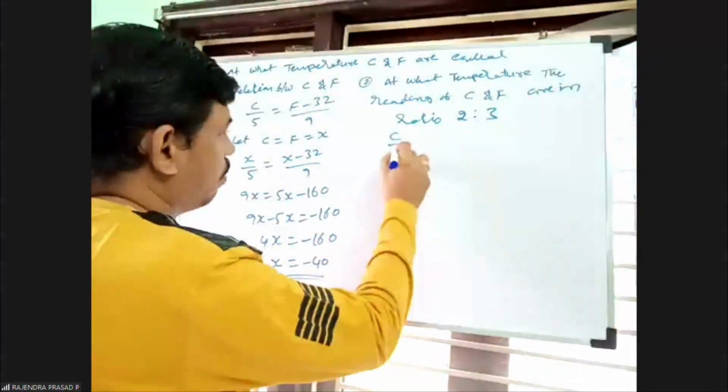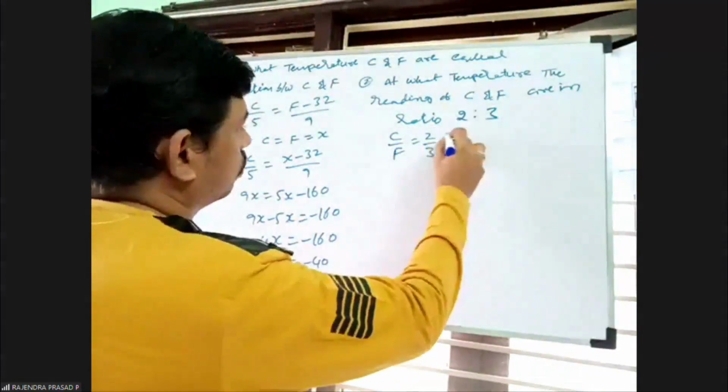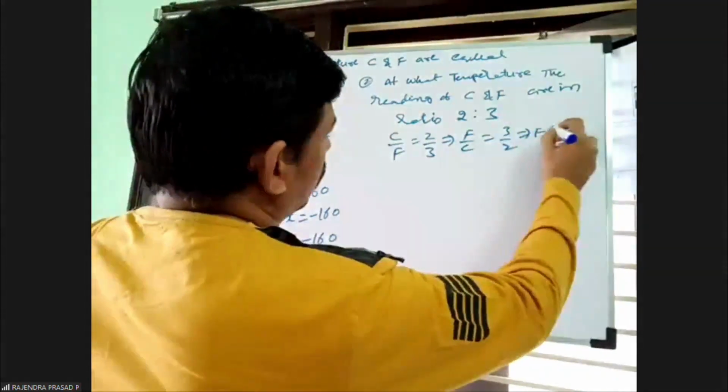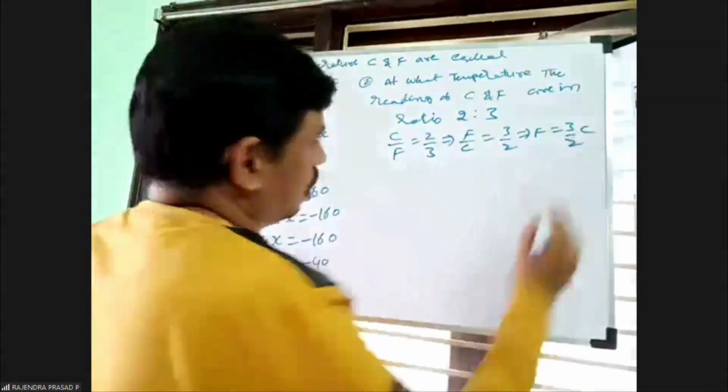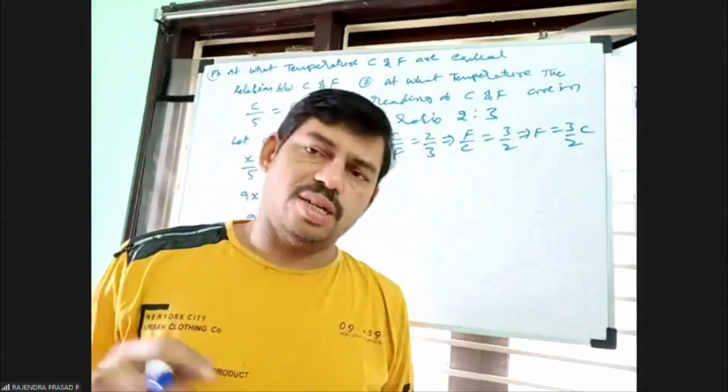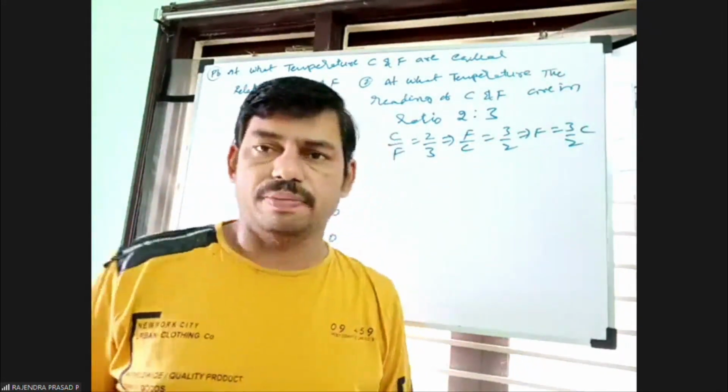So C by F is equal to 2 by 3. F by C is equal to 3 by 2. F equals 3 by 2 C. Now the answer is in terms of C, so F is eliminated. If we wanted the answer in terms of F, C would be eliminated.